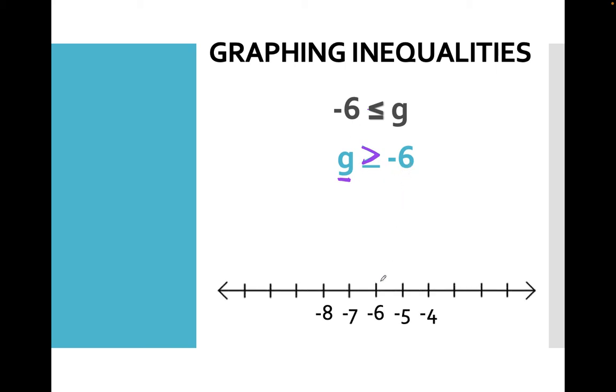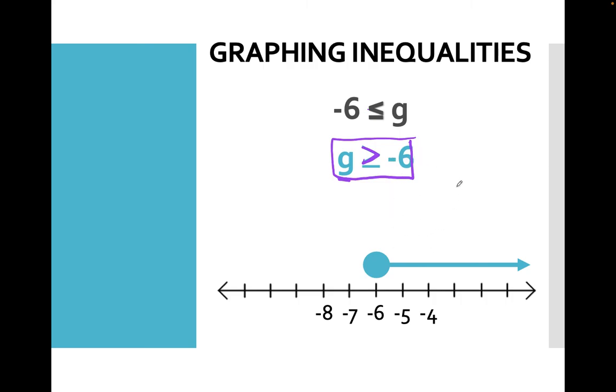So start by numbering your number line, put that -6 right in the middle. Since this is greater than or equal to, I'm going to use that closed dot again. And then if it's everything bigger or greater than -6, that is going to shade to the right. So that matches the direction of the inequality symbol after I rewrote the problem.